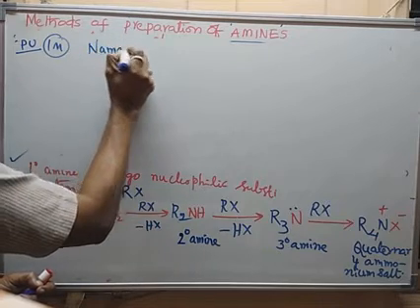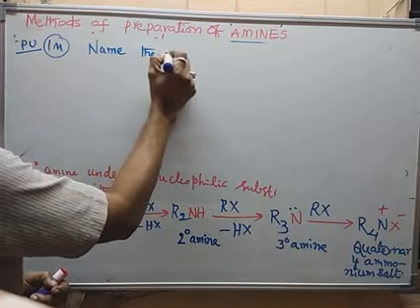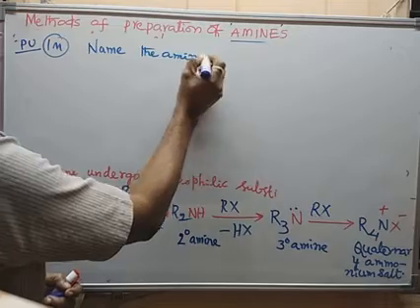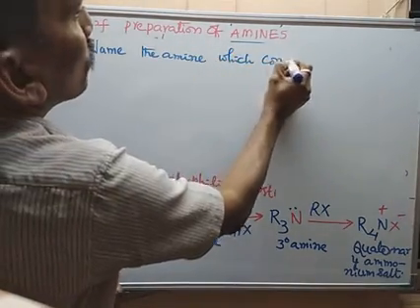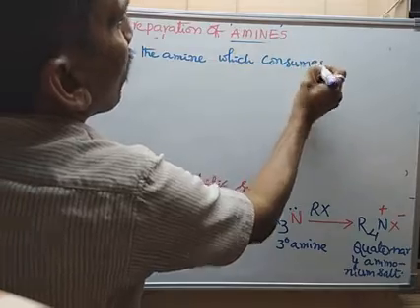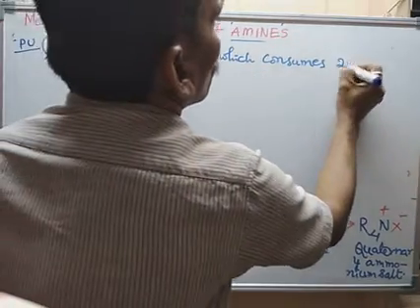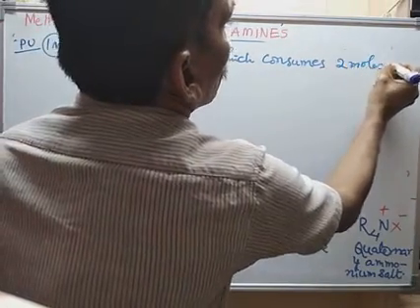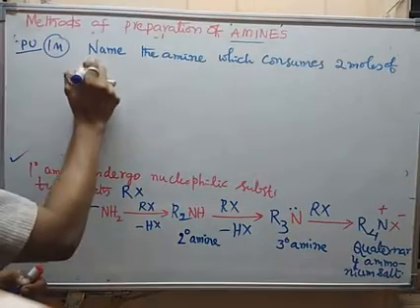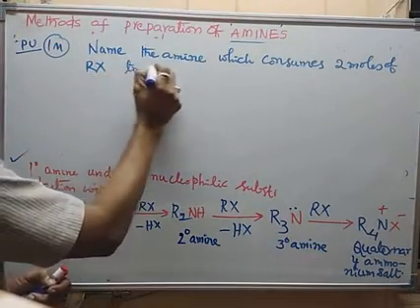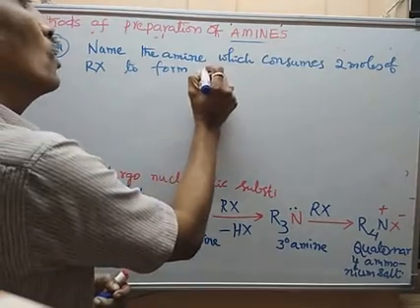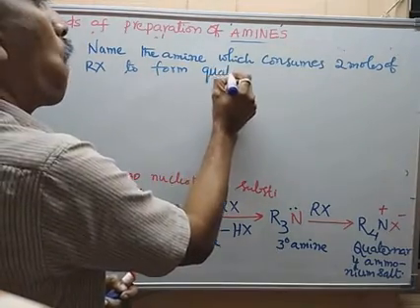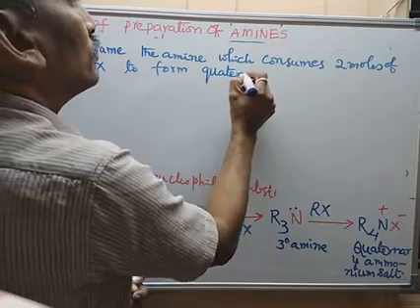Name the amine which consumes 2 moles of alkyl halide to form quaternary salt.